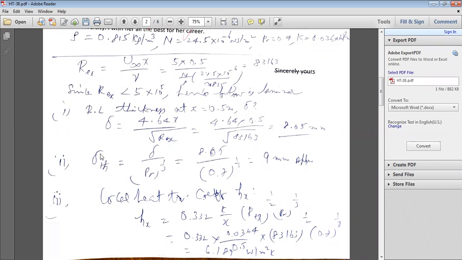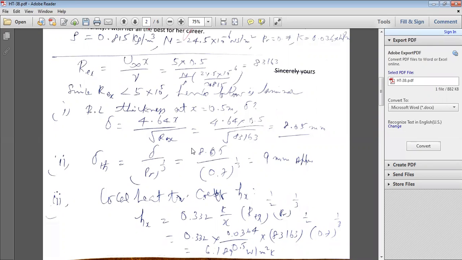Once you got delta, how do you calculate the second bit, thermal boundary thickness delta TH? We have the relation delta TH by delta is equal to 1 divided by Prandtl number to the power 1 by 3 from the previous derivations. From that relation, the thermal boundary thickness delta TH is equal to delta divided by Prandtl number to the power 1 by 3.